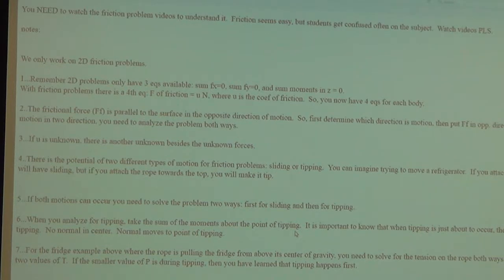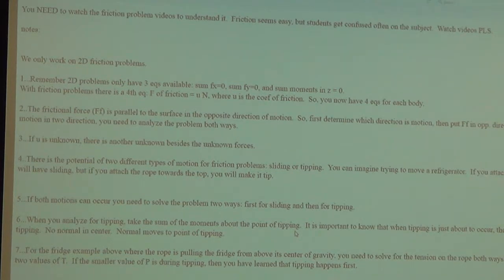But if I'm going to tip it, the normal is right here at this point. The normal is no longer in the center. So when you analyze a friction problem for tipping, you move the normal from the center where we usually have it, and you put it at the point of tipping. And if you do a sum of moments about that point, you can't solve for the normal, and usually you don't need the normal anyway. You want to know the load that's being applied.